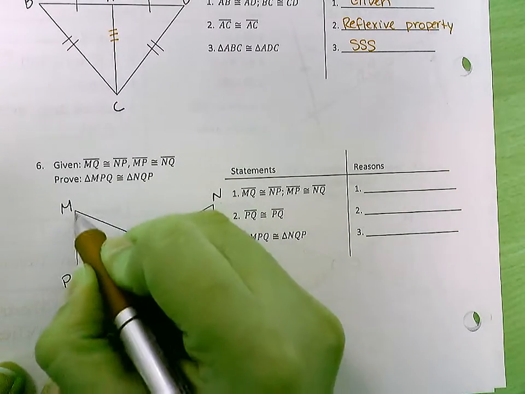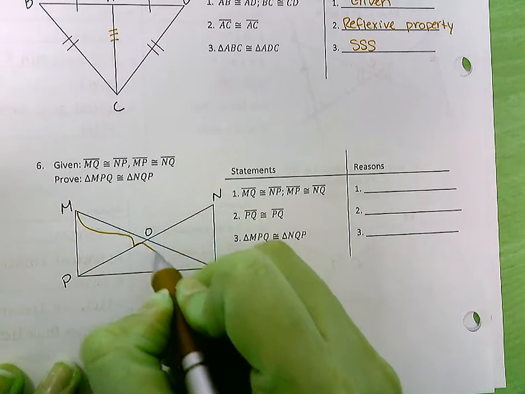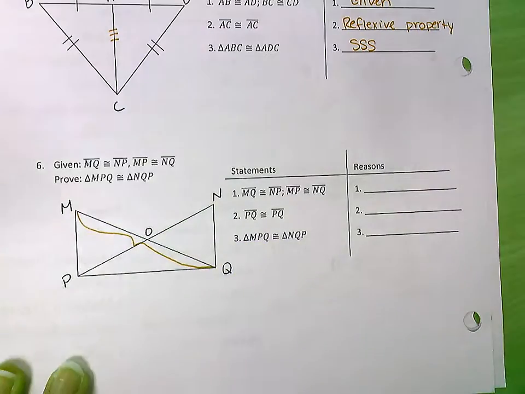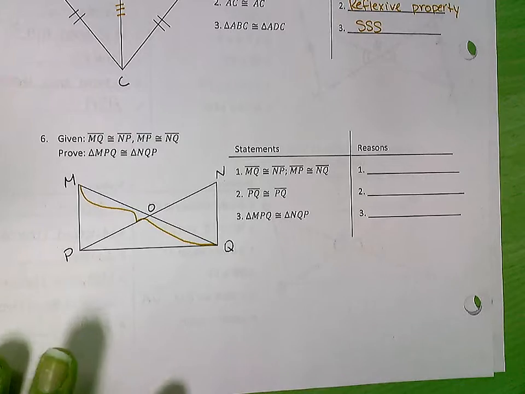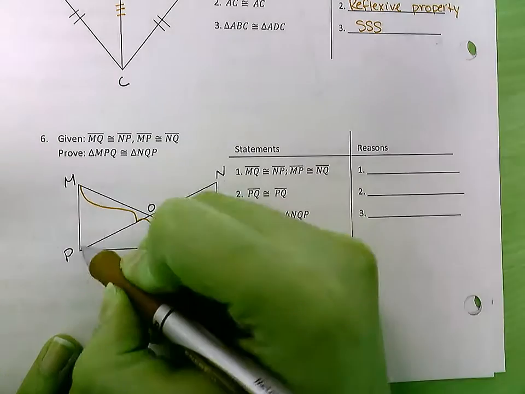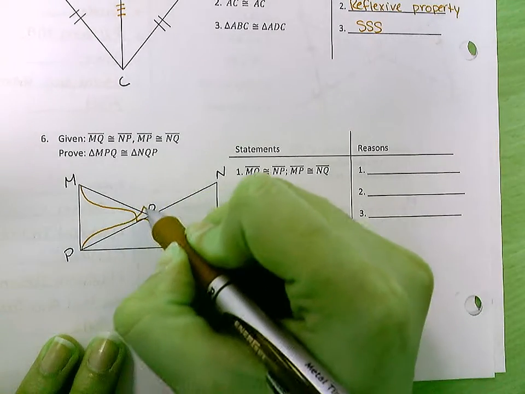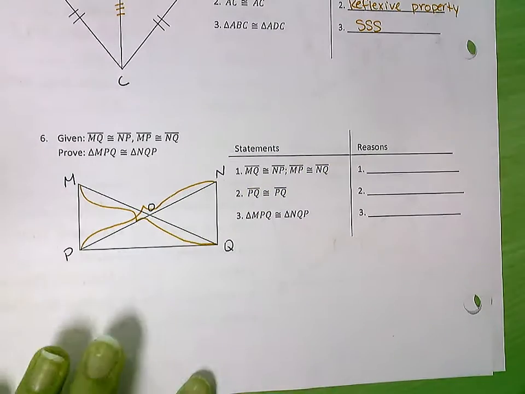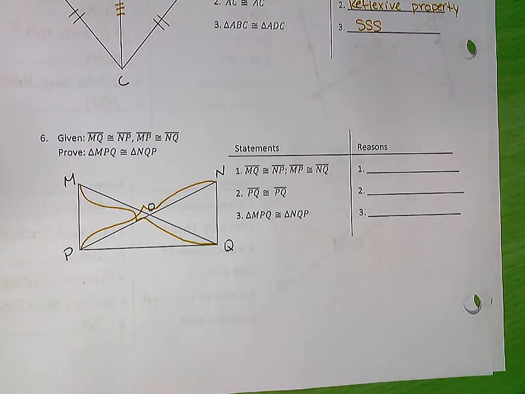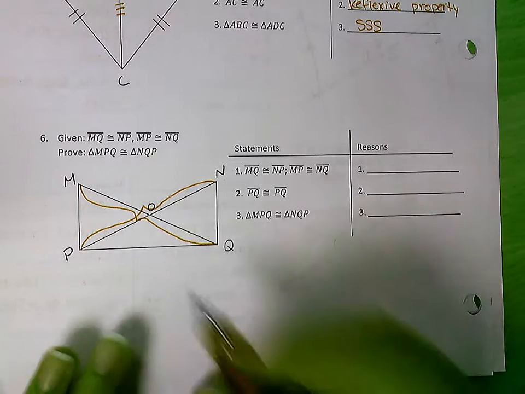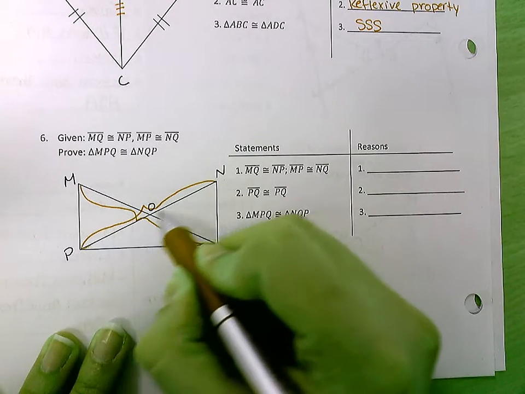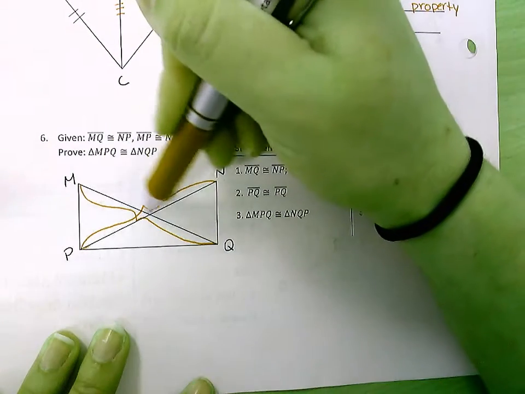Since it's a little bit hard to look at, we're talking about that whole side and this whole side. However, you need to label it so you know those two sides are congruent to each other. So this side and this side.